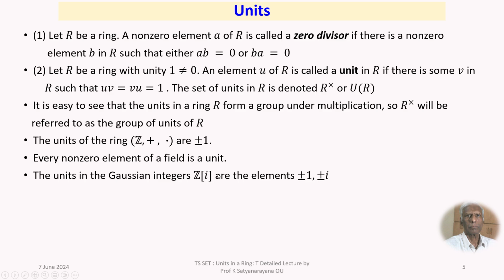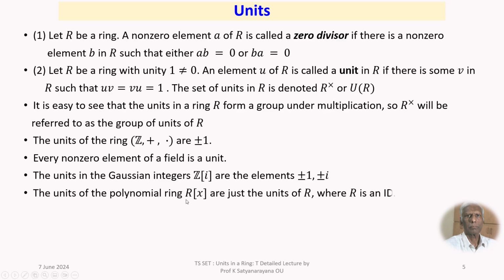Z[i] is the set of all those complex numbers A plus iB, where A and B are integers. Such a set forms a commutative ring with unity, and that ring is called the ring of Gaussian integers, and there are 4 units which we have studied, plus or minus 1 and plus or minus i.